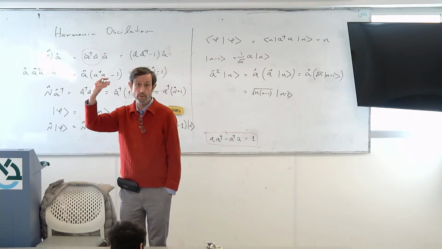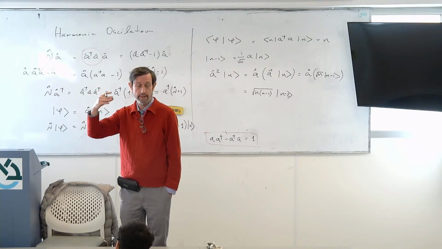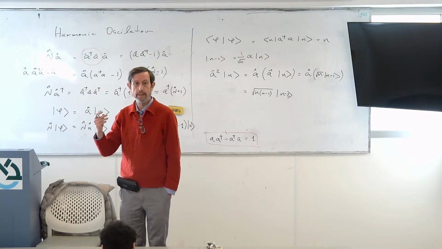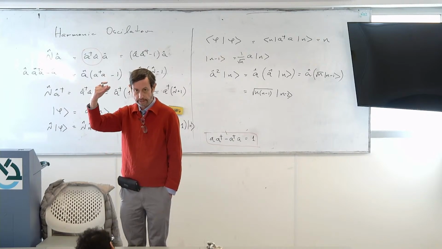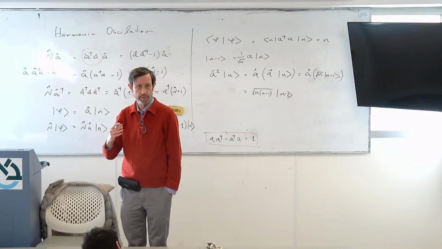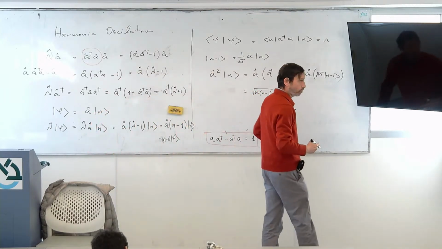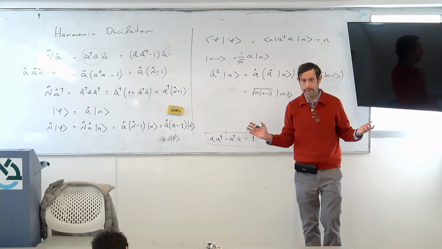I can go down the ladder, each time subtracting 1. Once I know one of these eigenvectors, I can go down the ladder and find more and more of them. I should be careful about correcting the normalization, but that's that.